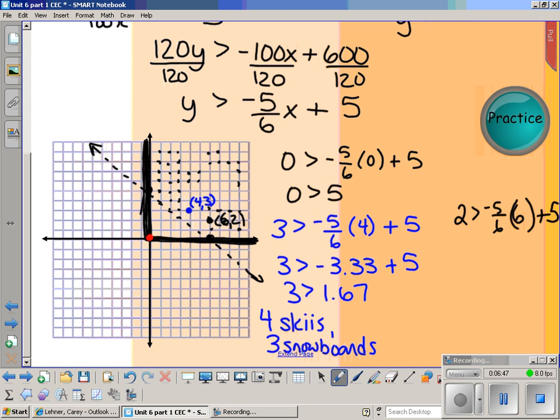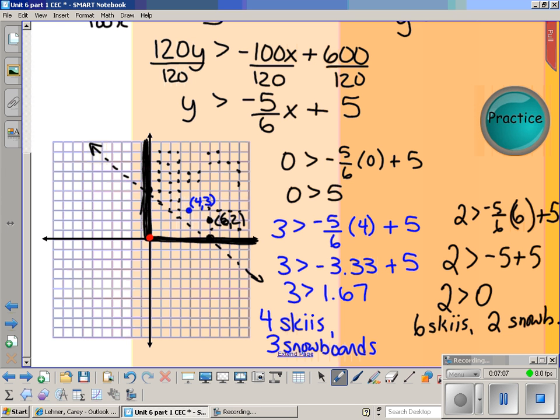When we calculate this, we get 2 greater than negative 5 plus 5, which is 2 greater than 0. That is a true statement. So we could also have sold a combination of 6 skis and 2 snowboards.